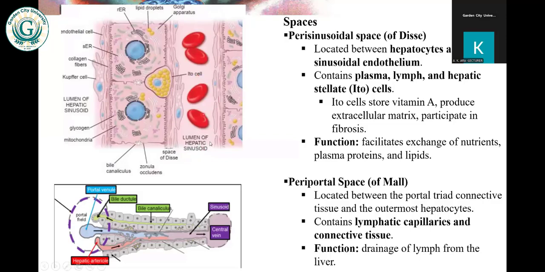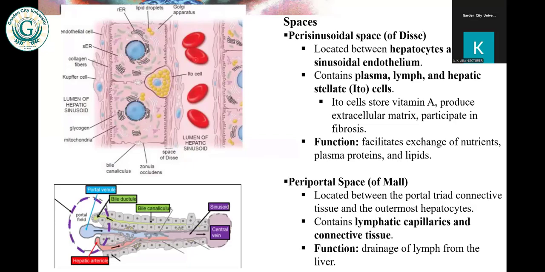So the hepatic artery will be passing here, carrying oxygenated blood. The hepatic portal vein will also be passing here, carrying nutrient-rich deoxygenated blood. Then you realize that the liver also produces plasma proteins. So you see that material produced by the liver will just enter the capillaries.